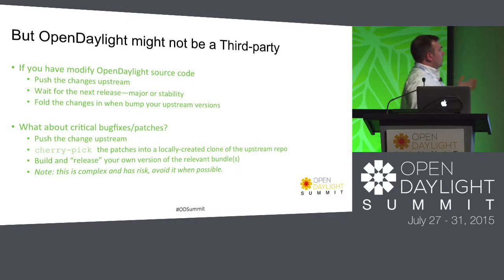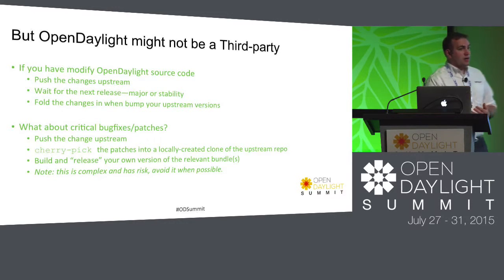There are cases about critical bug fixes and patches where you may need to get them out a little bit faster than the community is going to produce that stuff. And there's nothing to say that you can't pull in a change, cherry pick it to a repo, and then build your own version or rebuild a version of an OpenDaylight artifact. There are a few key points here, though. Anytime you're making a change, get it upstream.